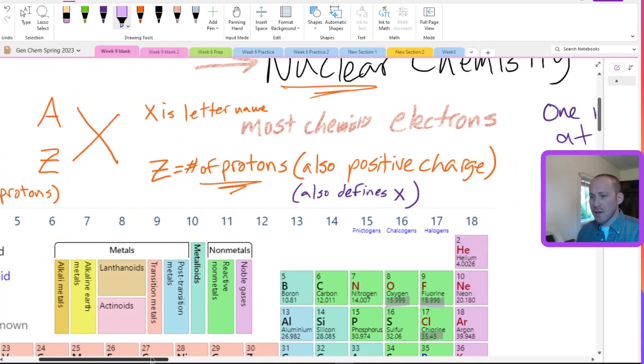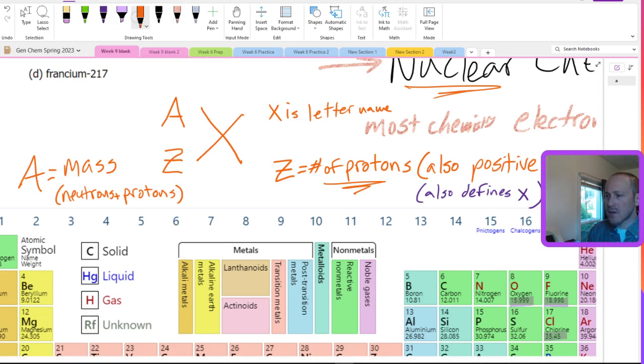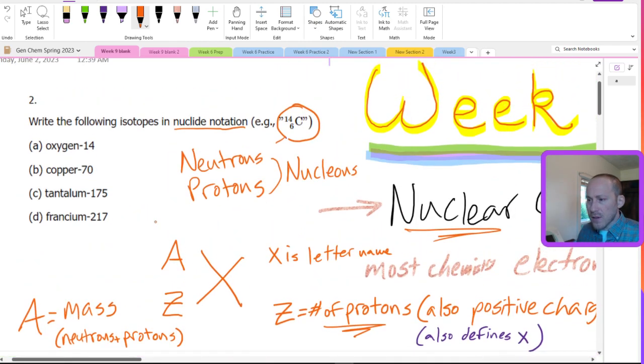And the other thing is that since Z is the number of protons, and A is the mass, which is neutrons plus protons, if you know one or the other, you can typically figure out the other. So if we were told the number of neutrons, we would just add that to the protons to get the mass. So that is how this works.